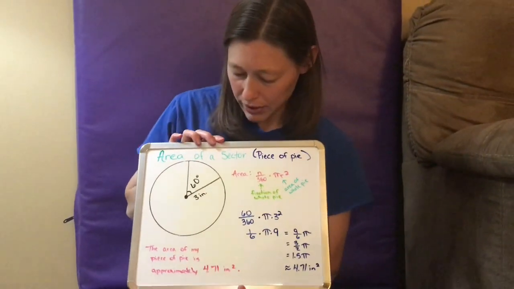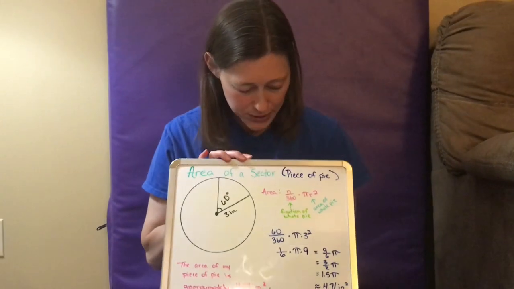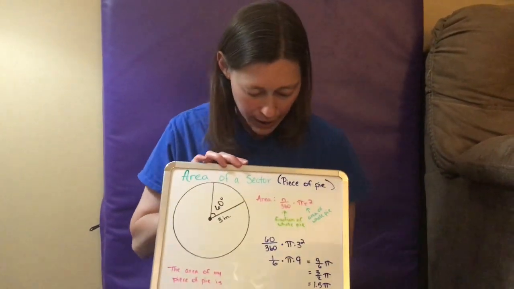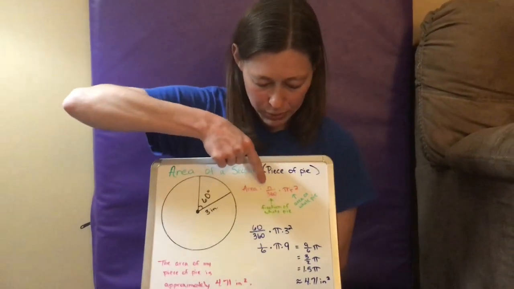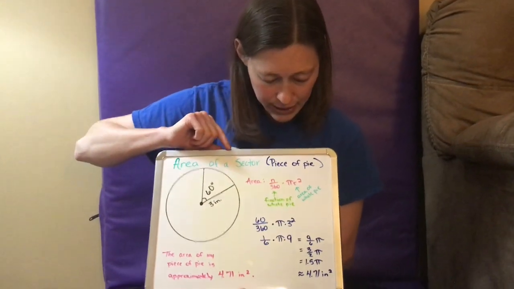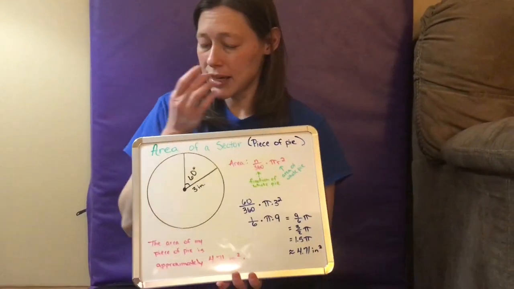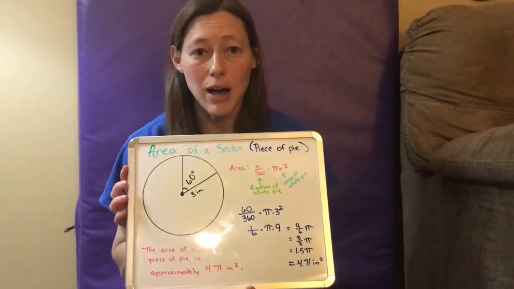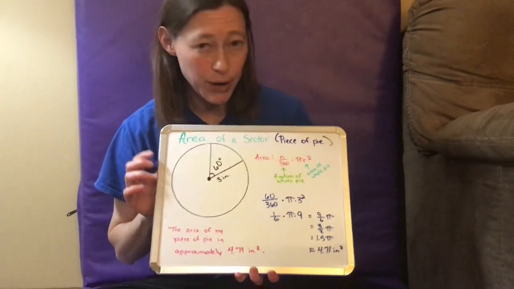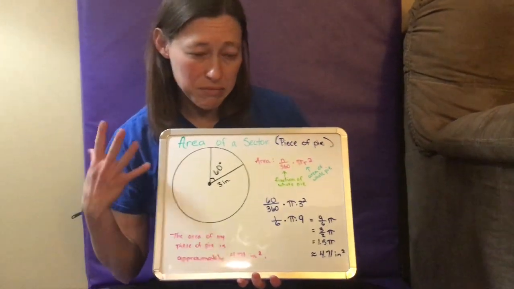inches. So what you do to find the area of a sector, or of my whole piece of pie, is this formula: n over 360 times pi r squared. You don't really have to memorize it, because it's very logical.